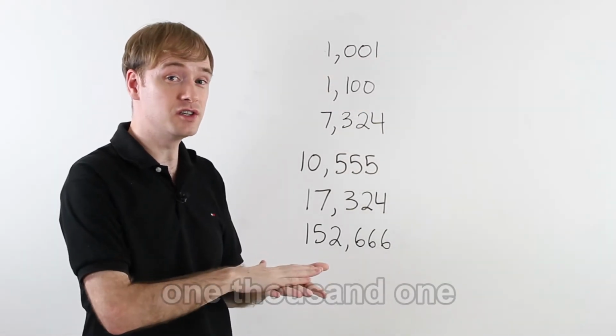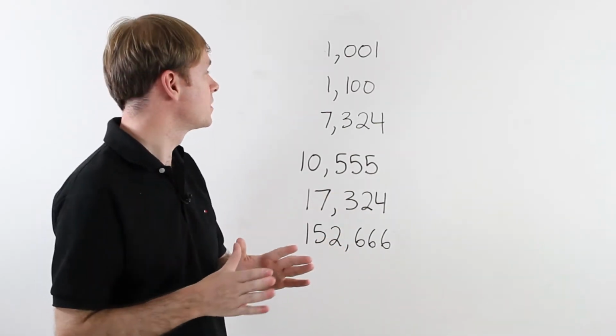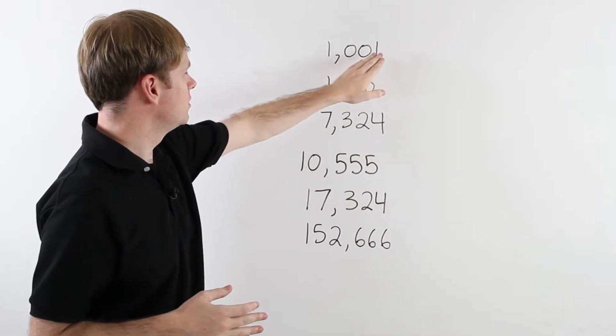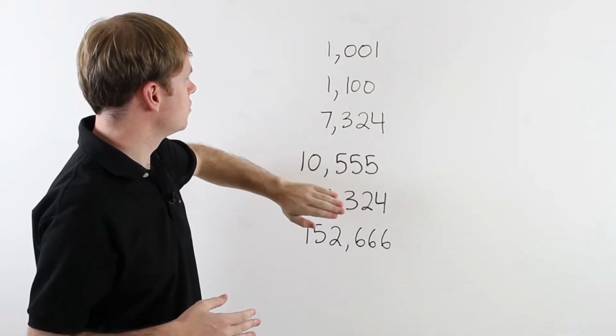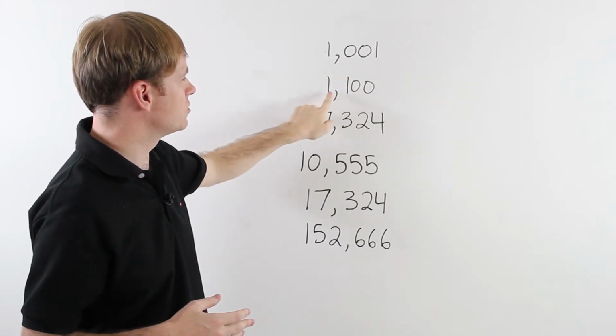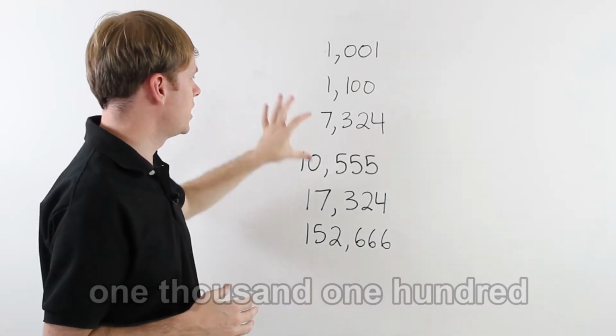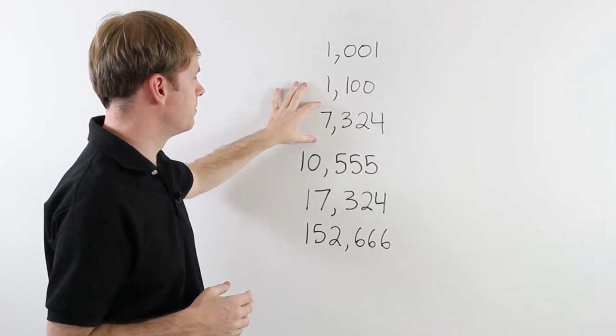If you want to use British style, 1001, okay? Again, doesn't matter. So 1001, let's move up. So we know this is 100, and we know this is 1,100. 1,100.